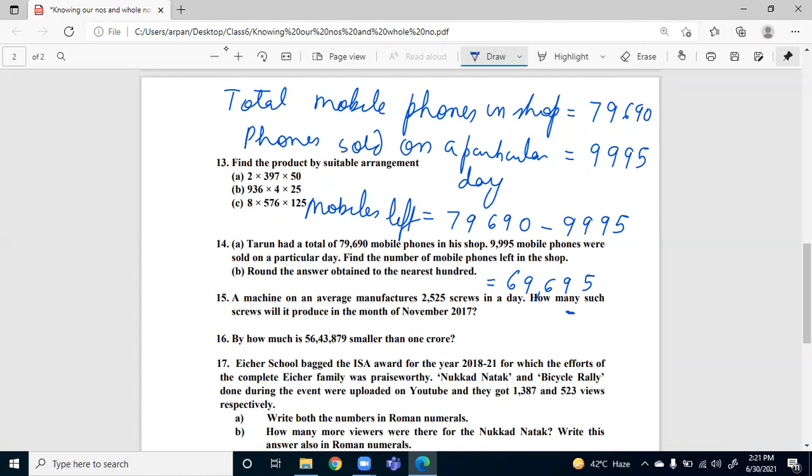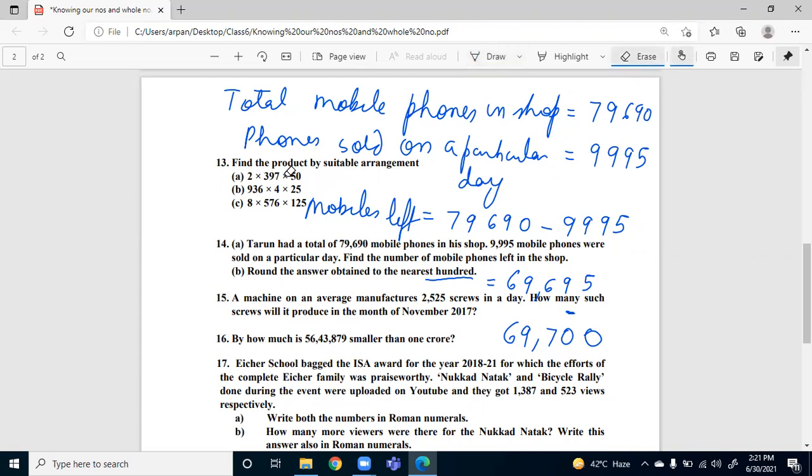So it would be 69,700. Excellent, Samad. As we have to round it off to 100, we need to observe the tens place. Tens place is greater than 5, so we will be adding 1 to the next number. So it is making 69,700.